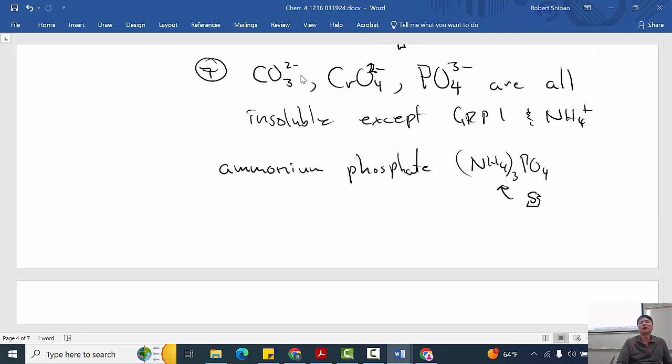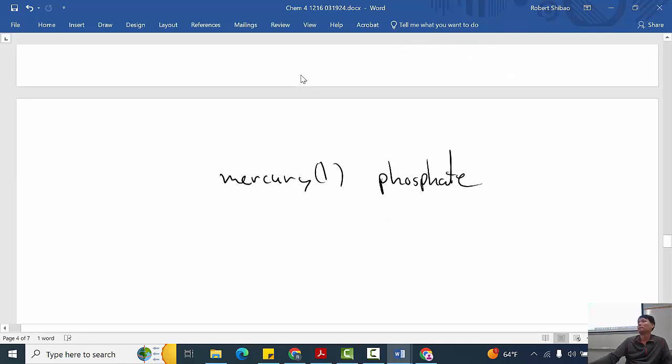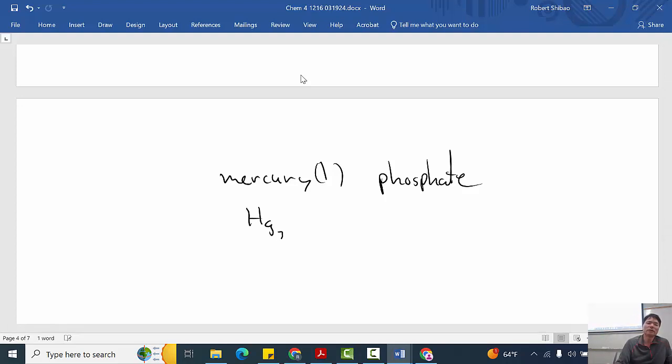What's the formula for mercury(I) phosphate? That one's going to be a bit more tricky. Isn't it? So we're going to do Hg2 2+, and then PO4 3-, and then we're just going to do the cross multiplication deal just to make our life a little bit easier.